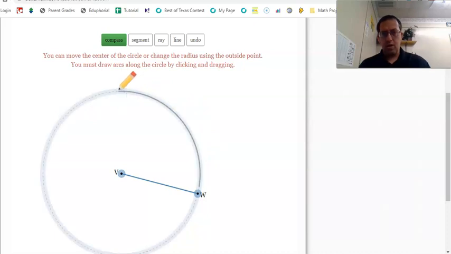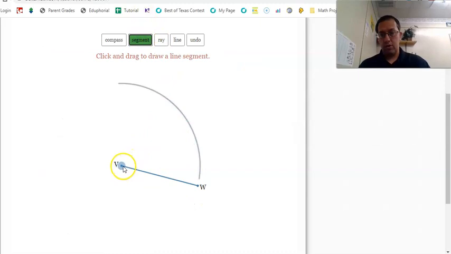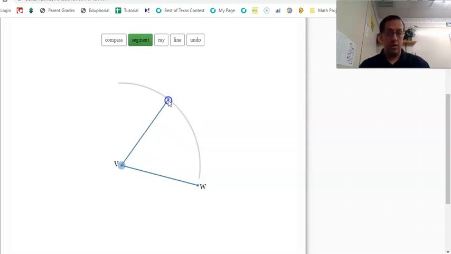Because there's a circle, every single point on this arc is the same distance from V that W is from V. So I could draw a segment from V to here, and that's going to give me an isosceles triangle because it's the same length as it is from V to W, but I need to know where to put this so that from this point to W is the same length.